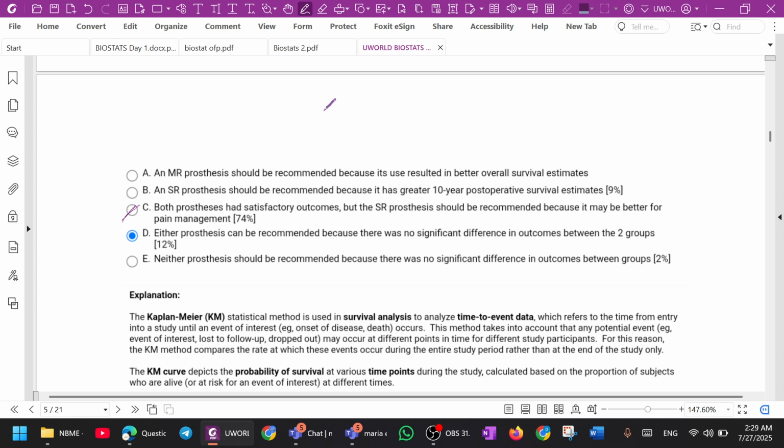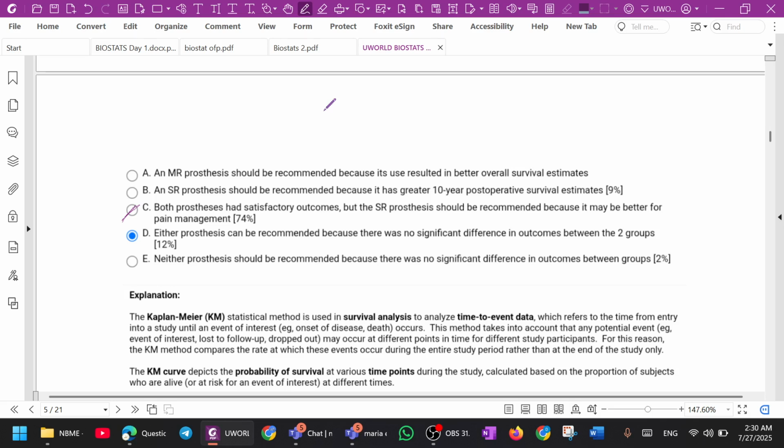It says 100% of patients have not experienced any event at the beginning of the study. So as you go down, that means they experience more adverse events. For the KM curves, as you go down, the patients are experiencing more adverse events. So here it would mean that SR patients have more adverse events than MR patients. Okay, probably.